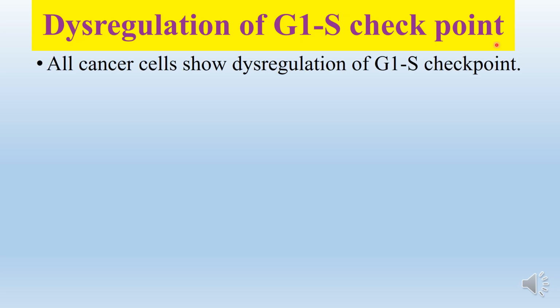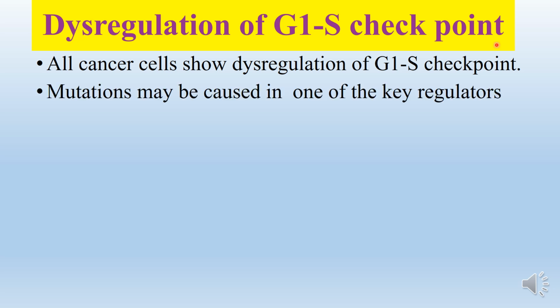Now we go to the dysregulation of the G1S checkpoint. What we saw in the previous slide was what was happening in normal cells. Now what exactly happens in the cells when they have lost the G1S checkpoint control? So all cancer cells show dysregulation of the G1S checkpoint. Mutations may be caused in one of the key regulators.